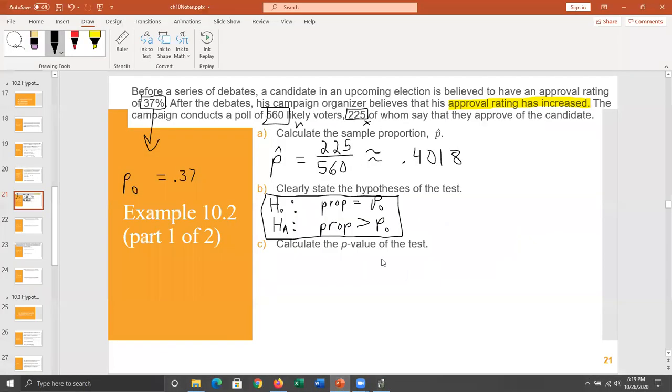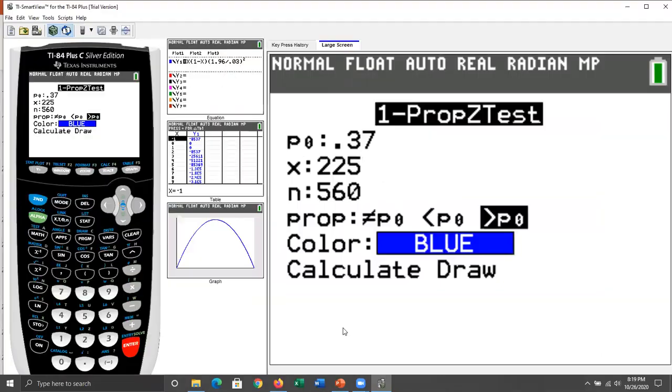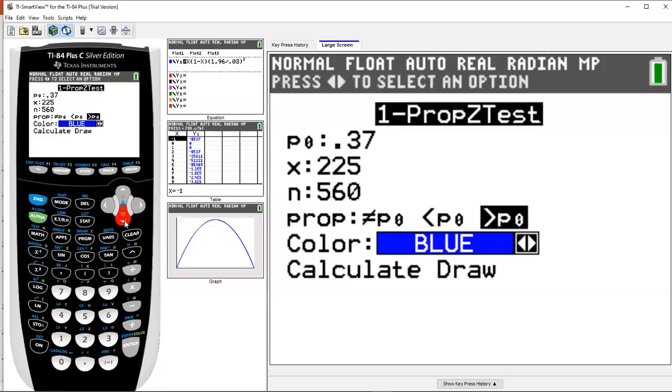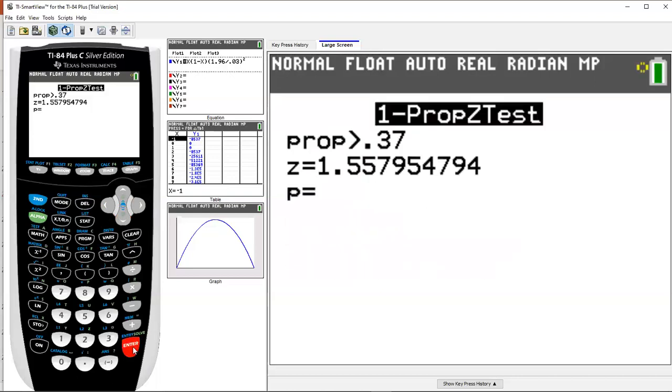Let's see what we chose here. Greater than. So we're going to arrow, it's actually already highlighted. If it wasn't, you'd arrow over to it and hit enter to select it. If you go over to a different one and hit enter, it selects a different one. But the one we want's over here, so we're going to push enter and calculate.